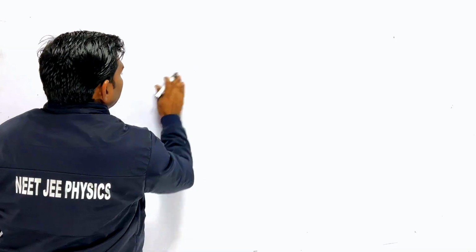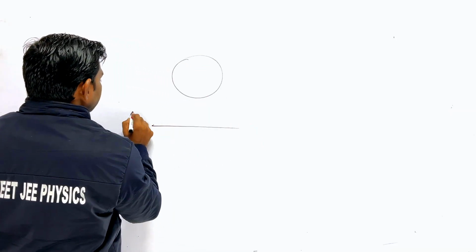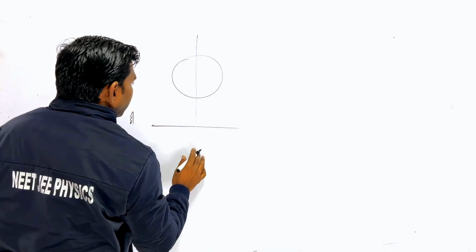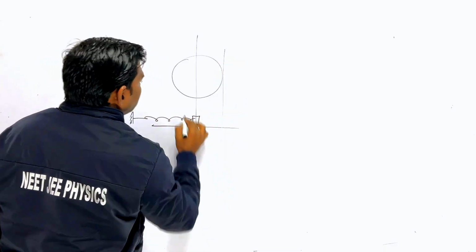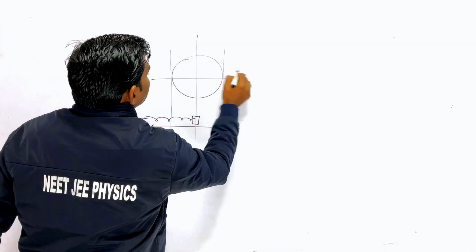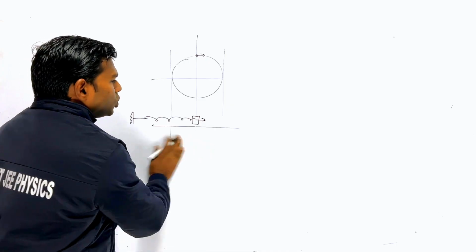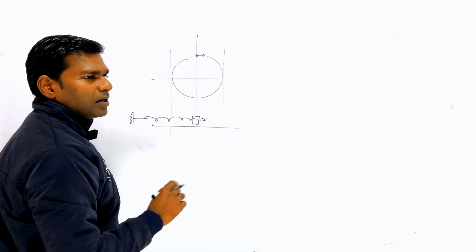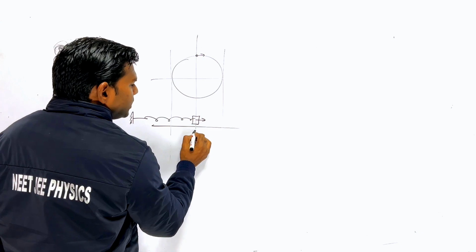For this, if you consider, if suppose this is the spring, right, and it is placed horizontal, are you getting or not? So if this is the horizontal spring, the block starts from here. So you tell me, what is the phase of this particle?